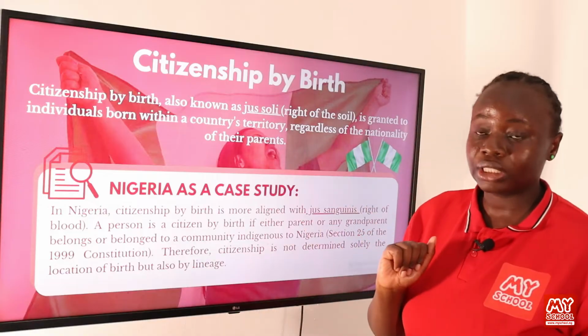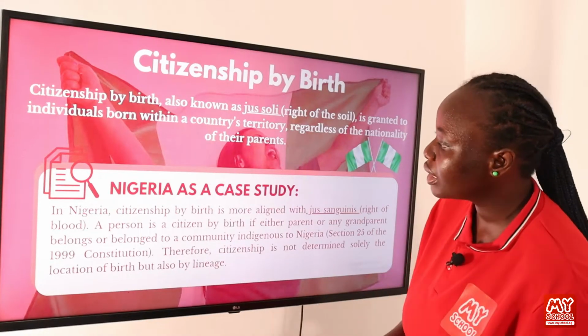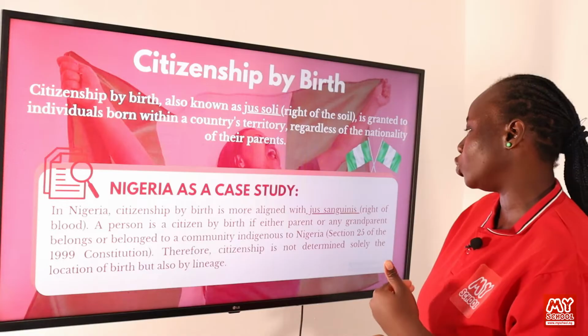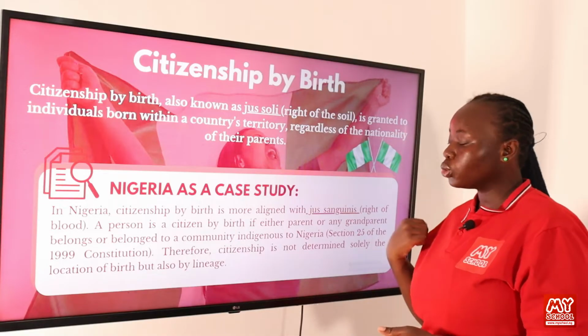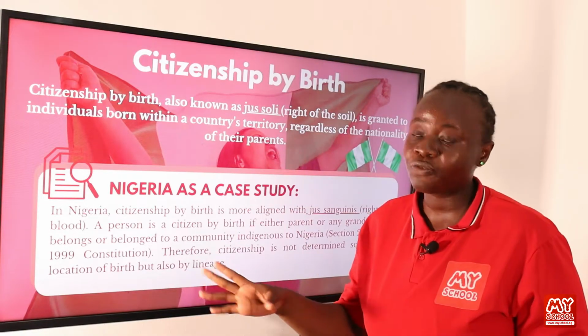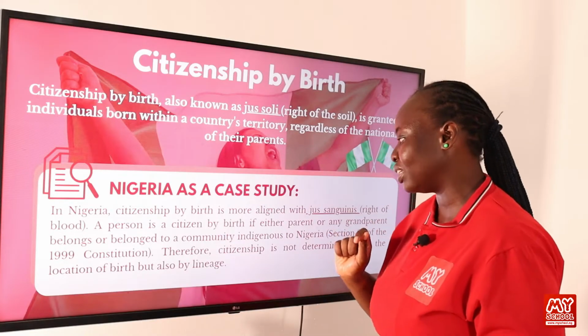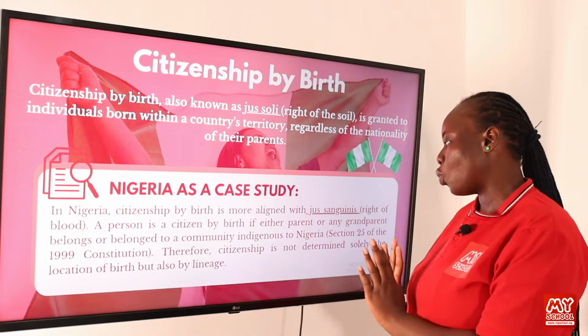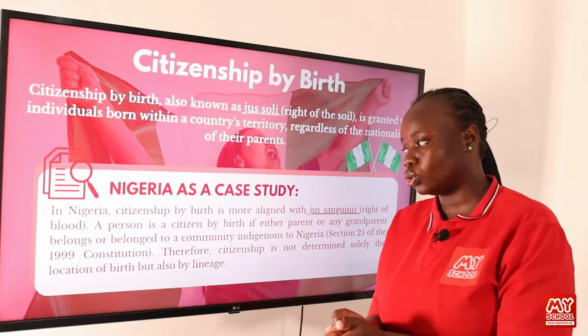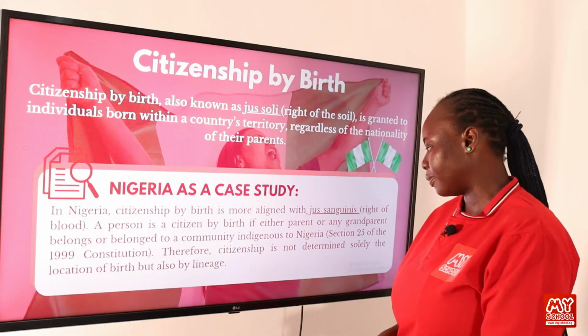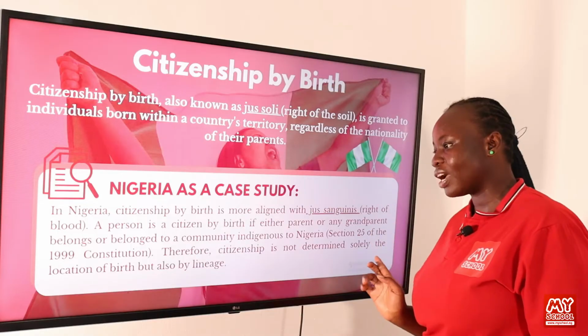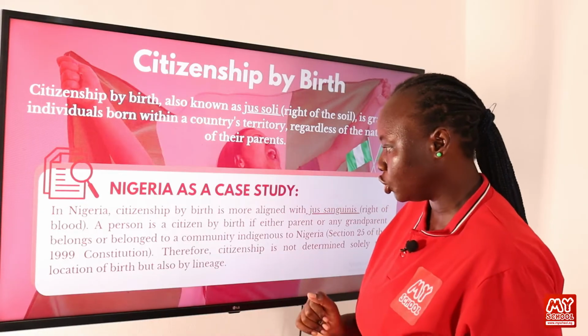Now let's look at Nigeria as a case study. In Nigeria, citizenship by birth is more aligned with jus sanguinis, also known as right of blood. So this is different from how it works in other countries of the world. A person is a citizen by birth if either parent or any grandparent belongs to a community indigenous to Nigeria. And we can see this in section 25 of the 1999 Constitution.